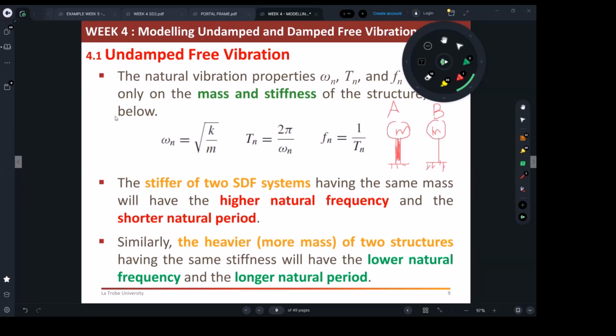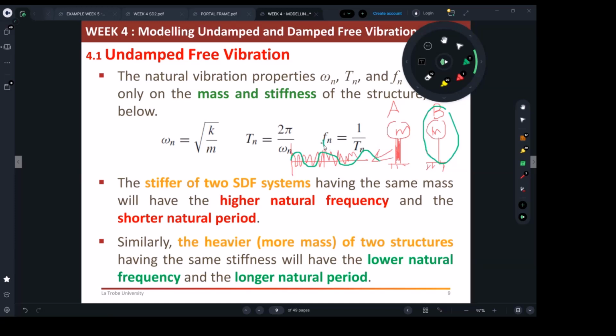Obviously, it's vibration. So if I draw it in red, it will have higher natural frequency, so its frequency will be very condensed. Now number B, I'll make it in green, will have smaller frequency and larger time period.